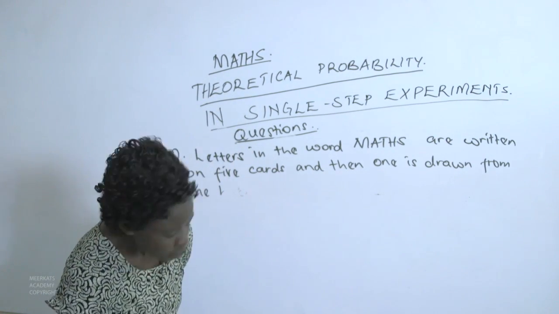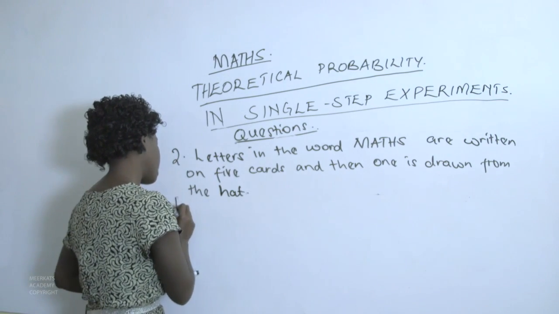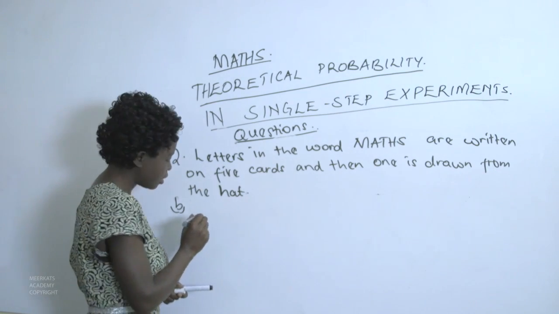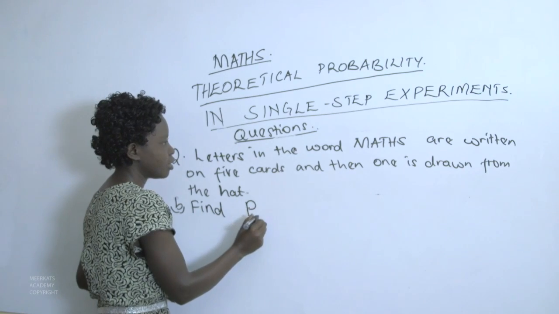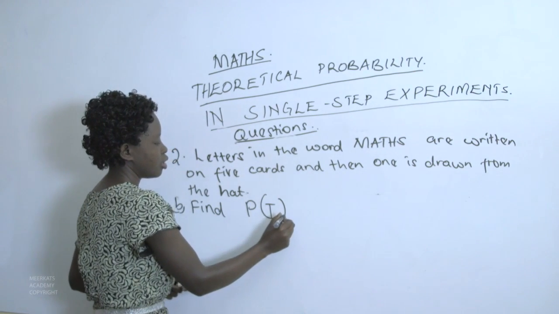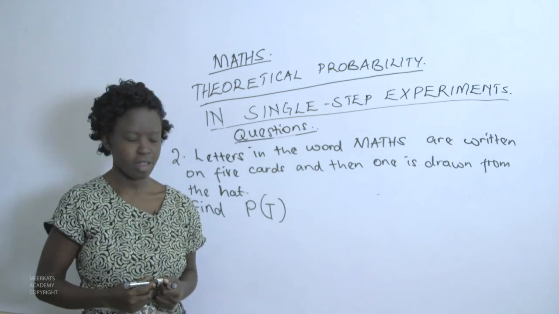Part B of the question. We are asked to find the probability of drawing letter T from that given hat.